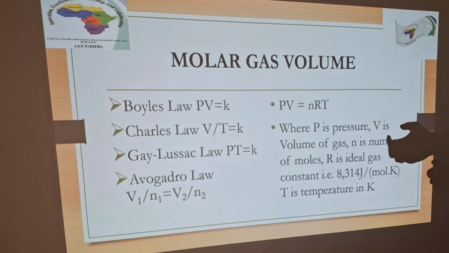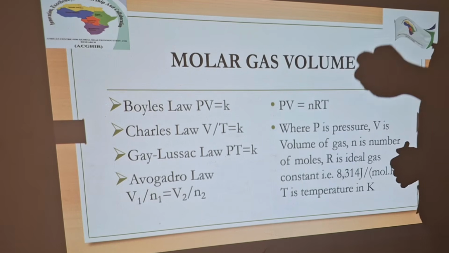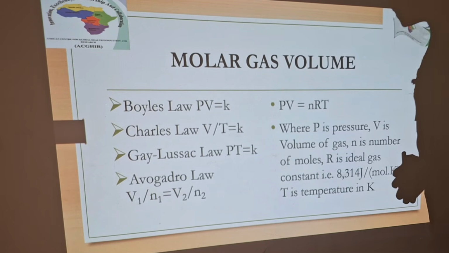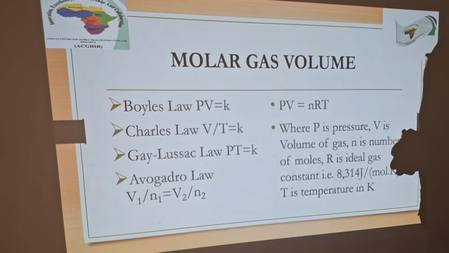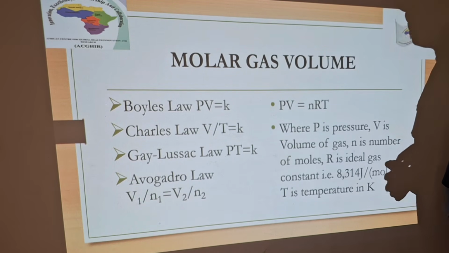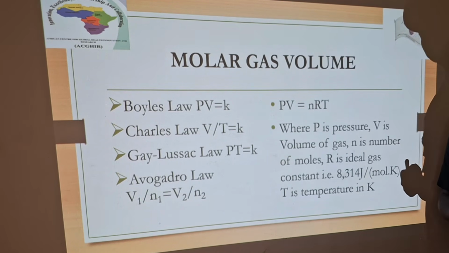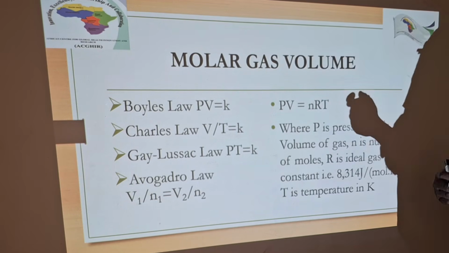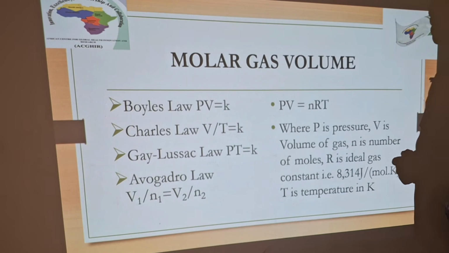And we know that 0 degrees Celsius is equal to how many kelvins? 273 kelvins. This means that a temperature of 100 degrees Celsius is going to be 100 plus 273, which is 373 kelvins.